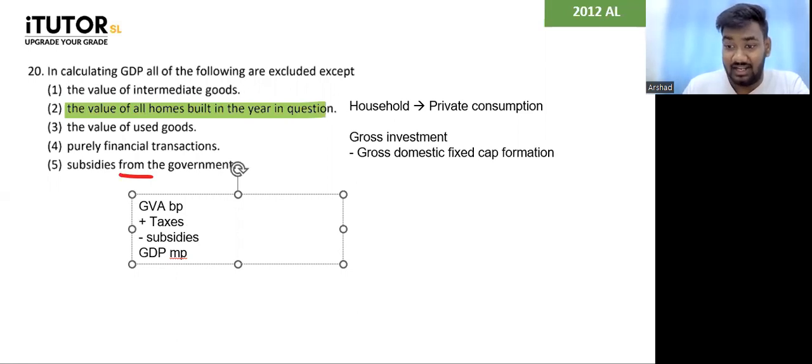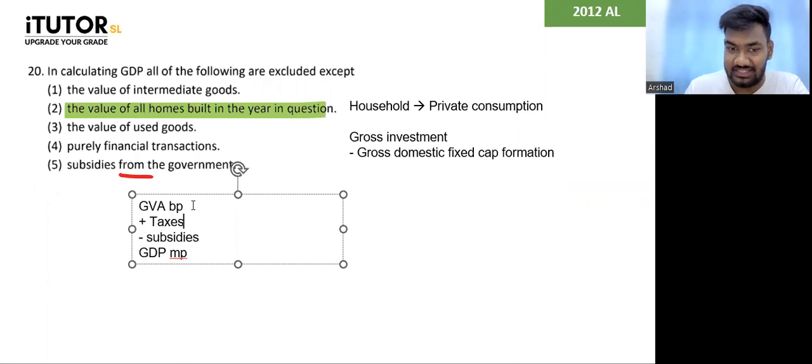If subsidy is greater than taxes, then we add net taxes, so net taxes would be a minus figure, right?